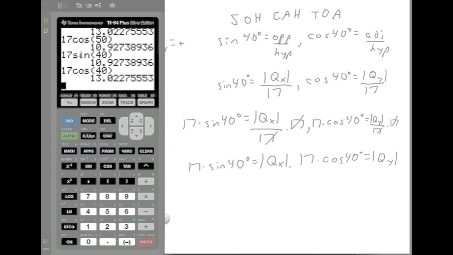So sine of 40, that calculation gave us 10.9. Our QY calculation gave us 13 for the magnitudes.